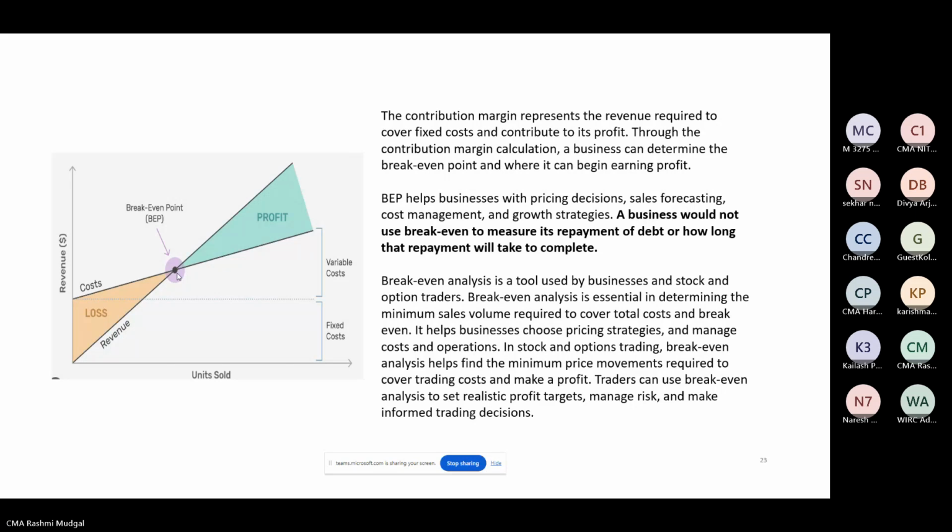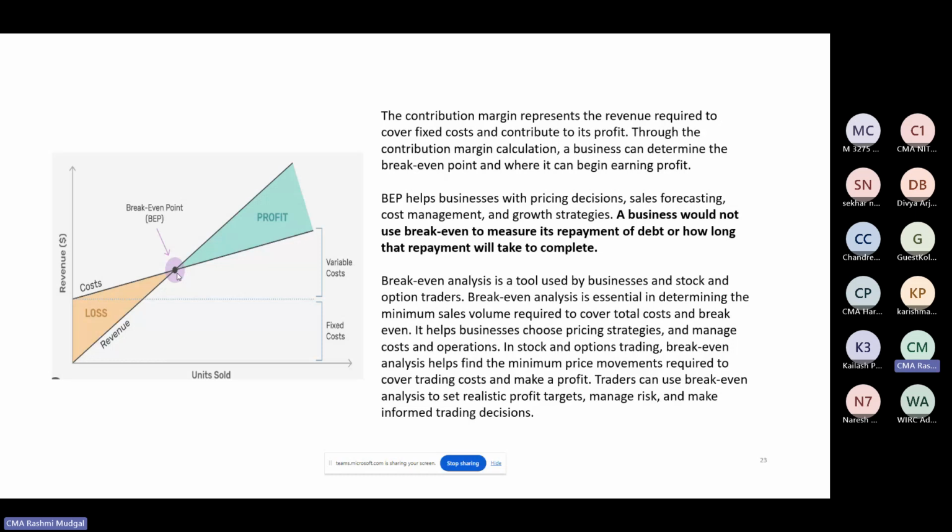Break even analysis is a tool used by businesses and stock option traders. It is essential in determining the minimum sales volume required to cover the total cost. It helps businesses choose price strategy and manage cost and operations. In stock and option trading, break-even analysis is used to find the minimum price movement.